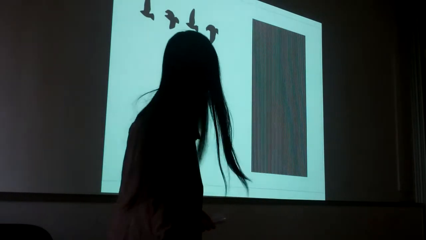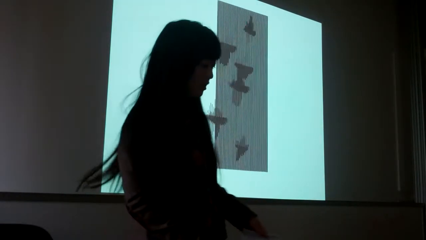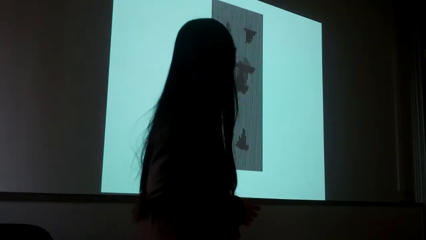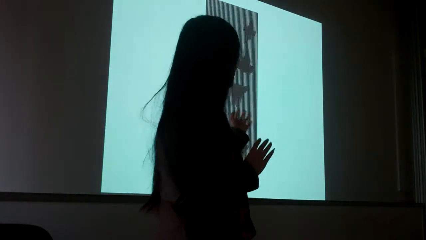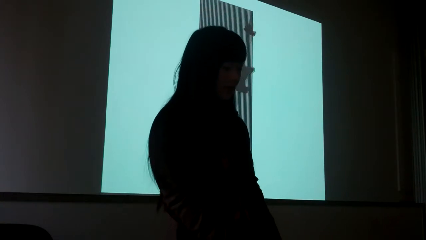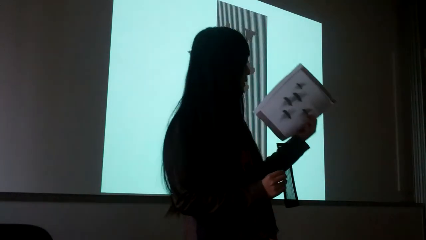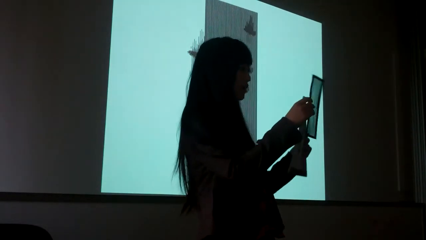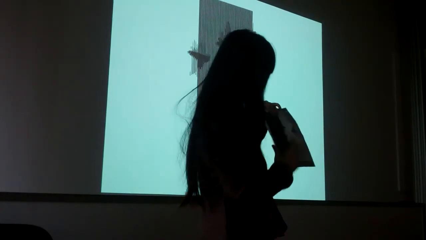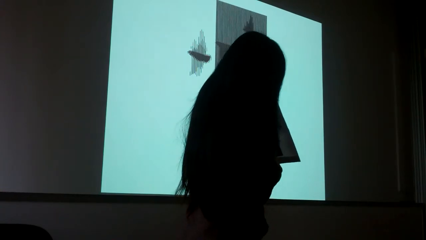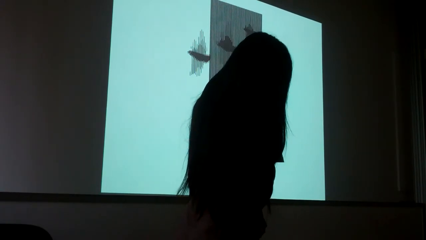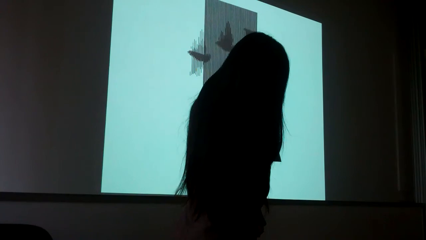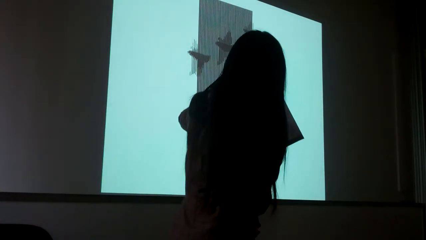It's not animation, and it's nothing about computers. Actually, it's just one paper you print like this, and this one is laser cut. You put it together and move it, and it will fly.